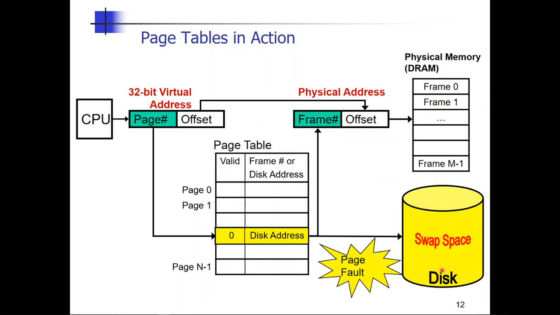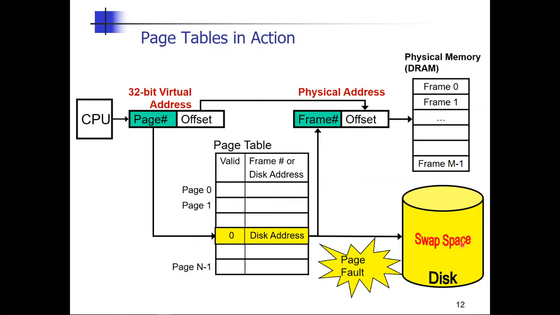Now we would probably need to access that page that we are missing in the secondary storage, which means that I need to replace a page from the physical memory. So if it is full, I will need to replace the page from the memory, put that back into the disk, or save it to the swap space and bring in the new or the updated information into the main memory.